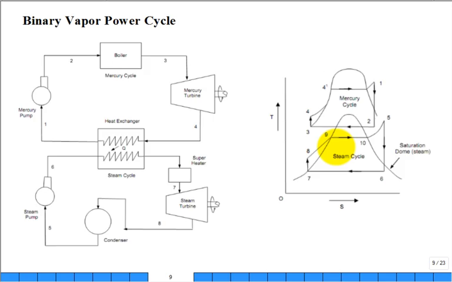All right, binary vapor power cycle. Well, maybe you have something that's super hot, and maybe you can use a fluid that would be at that high temperature to take in the heat in the boiler at some super high temperature. Here's one, it's mercury. So that's going to boil at some very high temperatures right up here. But it's still hot when you're ready to condense.